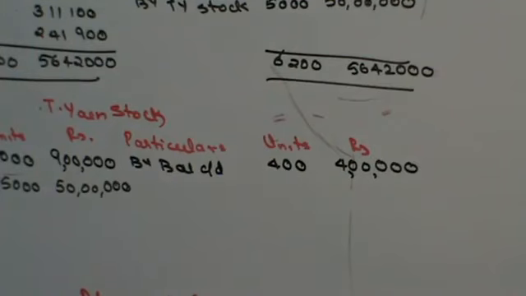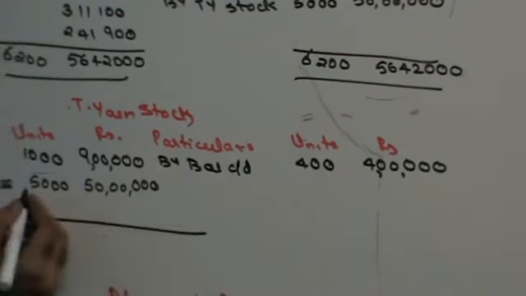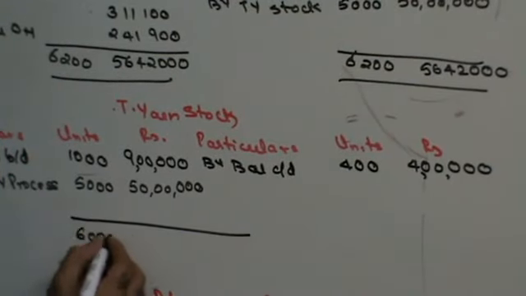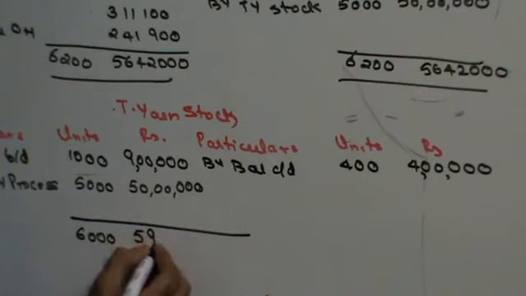Now, in this particular sum, they have not given you the selling price of the closing stock, so you can just directly tally this. If I directly tally this, this is going to be 5 and 1, 6,000, and this is 59 lakhs.